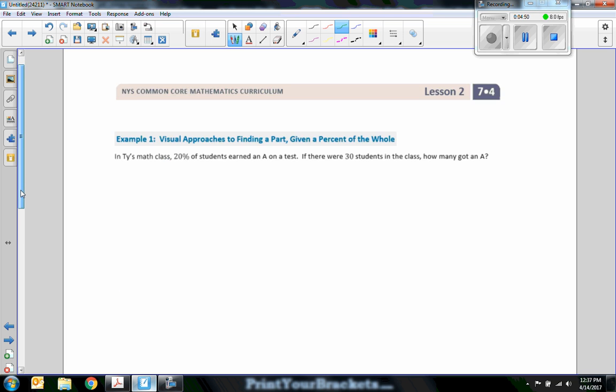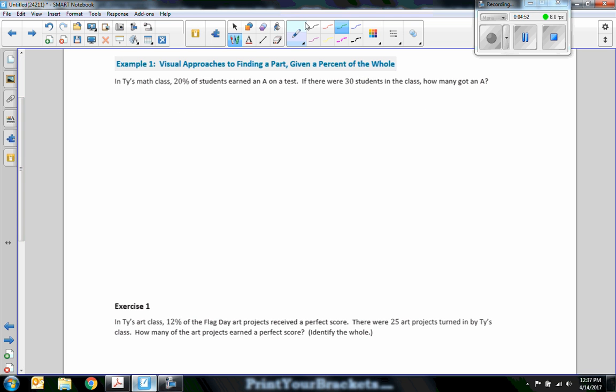So, example 1 says, in Ty's math class, 20% of the students earned an A on the test. If there were 30 students in class, how many got an A? We'll start by doing a tape diagram. Okay, this represents all of the students. So this is the 30 students.